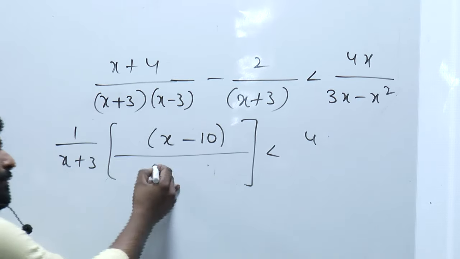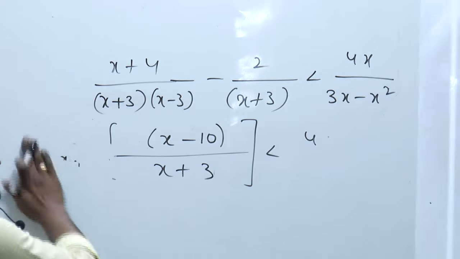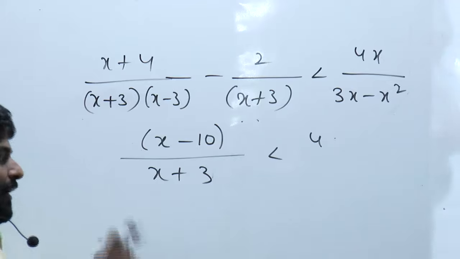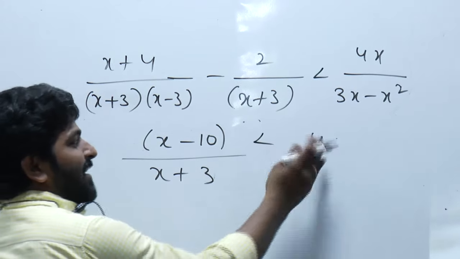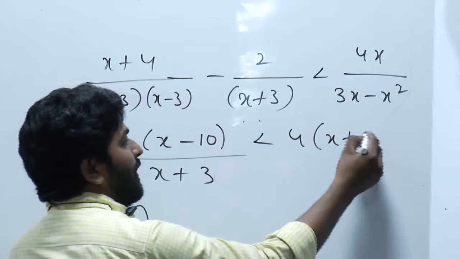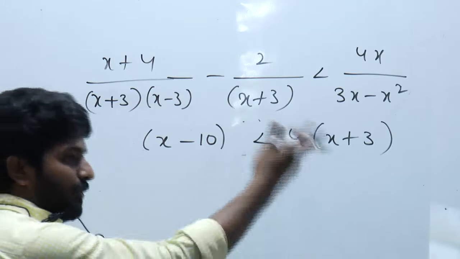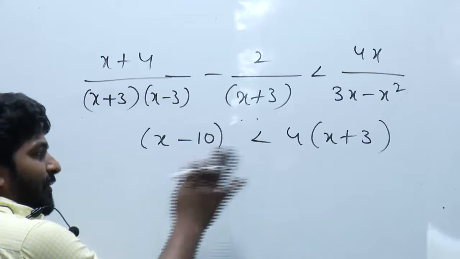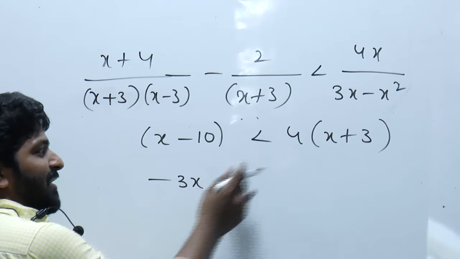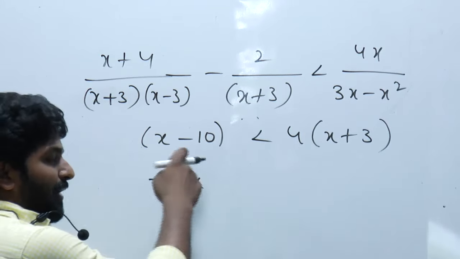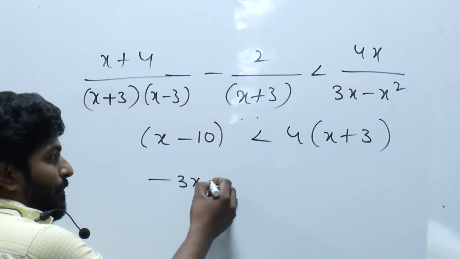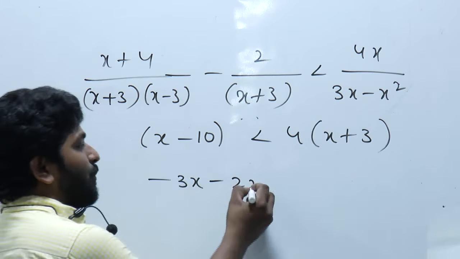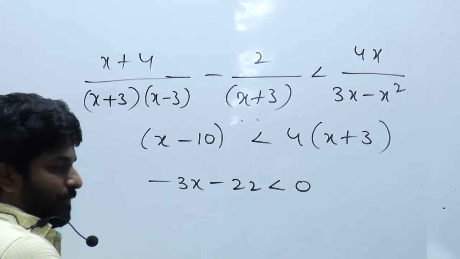So let me place x+3 here. Now this is my entire left hand side value: x-10 is less than 4 into (x+3). The x+3 goes to the right hand side, and this value becomes minus 3x, 4x, take this to the left hand side, minus... how much is that? 22, less than 0.